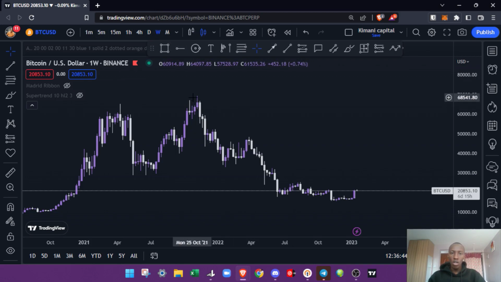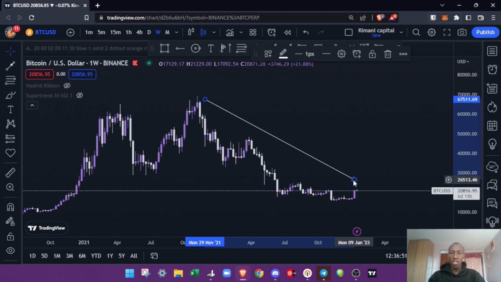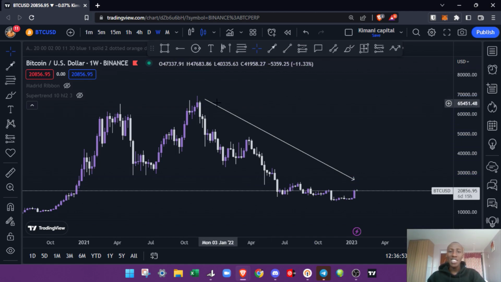Clearly we can see that the direction of bias in the higher time frame is a short. We have been going down since November 21st. Remember very well, it was November 21st when we started this dump, and we have been dumping ever since.